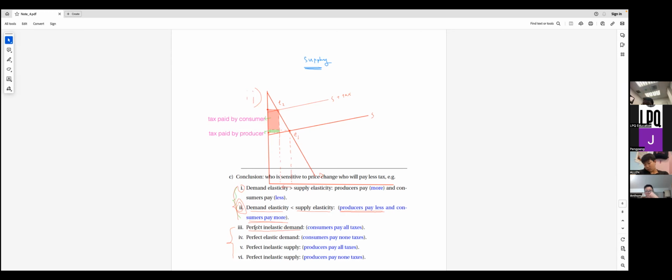You totally tolerate the government adding more tax. So in that case, they will pay all the tax, because you totally don't care about price change.